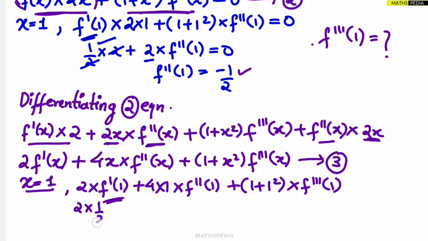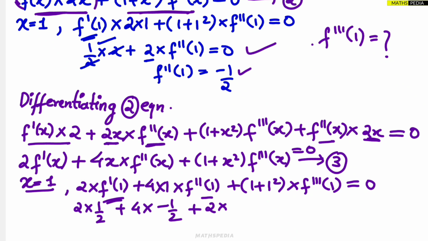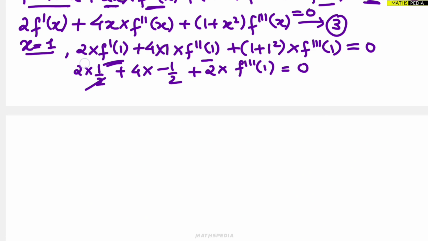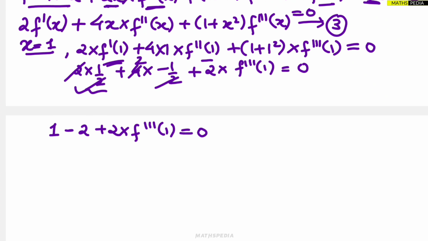So 2 into 1 by 2, plus 4 into f double dash of 1, the value we already got, which is minus 1 by 2, plus 2 into f triple dash of 1 equal to 0. We'll simplify: 2 and 2 cancel, then what is left out? 1 minus 2 plus 2 into f triple dash of 1 equal to 0. So 1 minus 2 is minus 1.